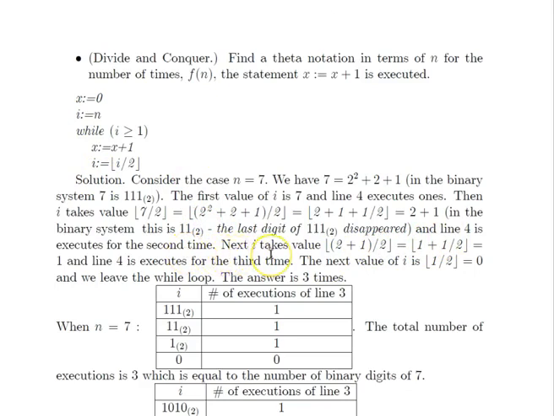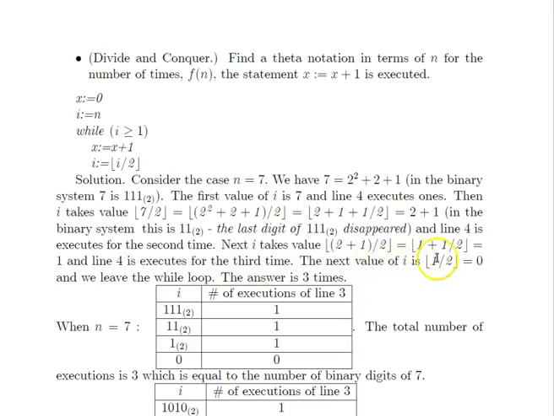Next, the line x takes value x plus 1 is executed the second time, and then i takes value 1 plus 1/2. This is the floor of 3/2, which is 1. Line 4 is executed for the third time.